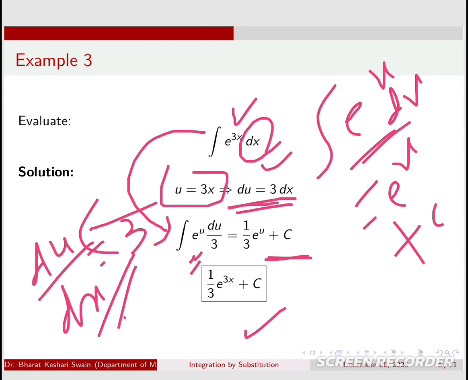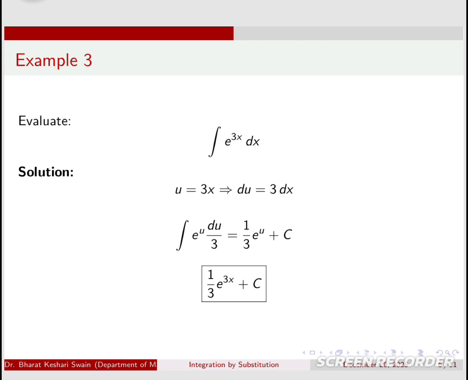Okay, so from the result we can conclude one thing, this is to be noticed actually. What is to be noticed? That for the integral formula we have known before, the integration of e to the power ax plus b dx, what will be the result?